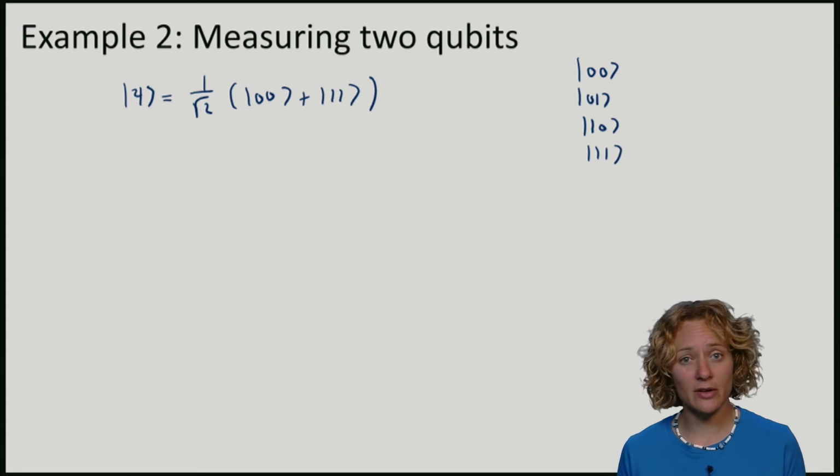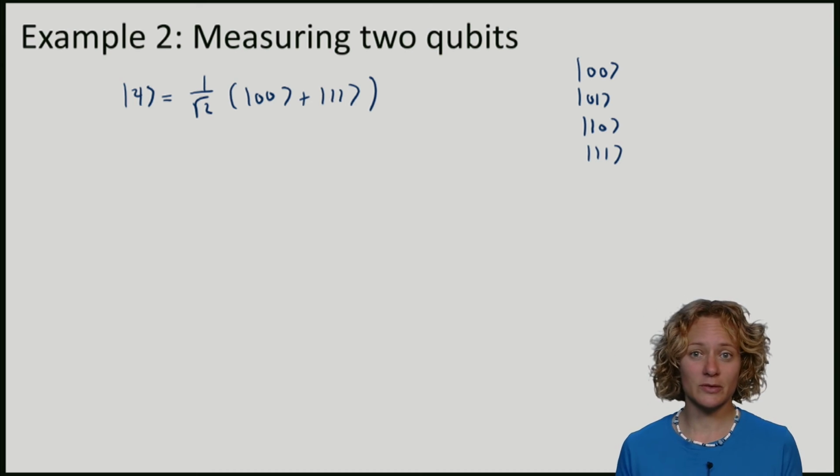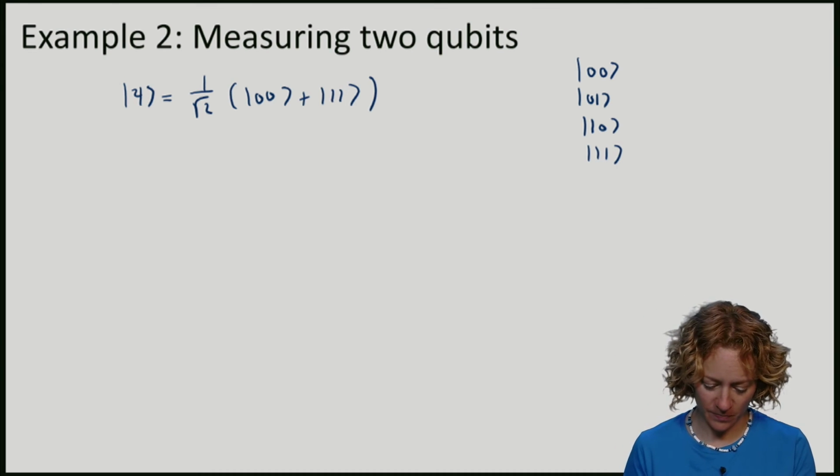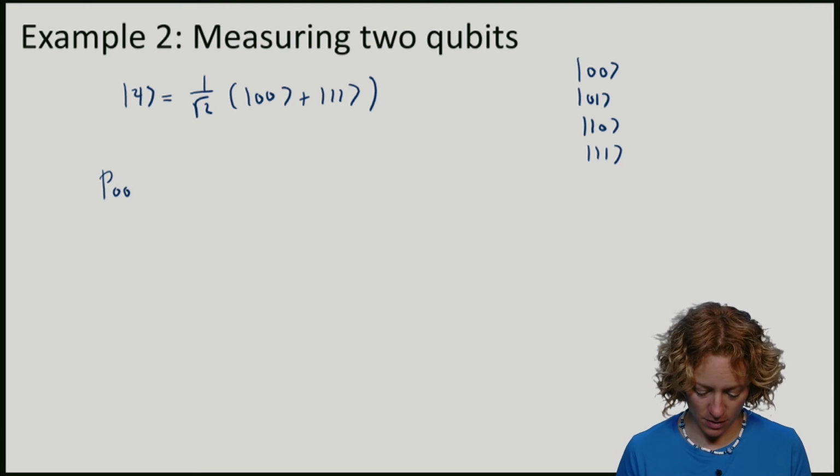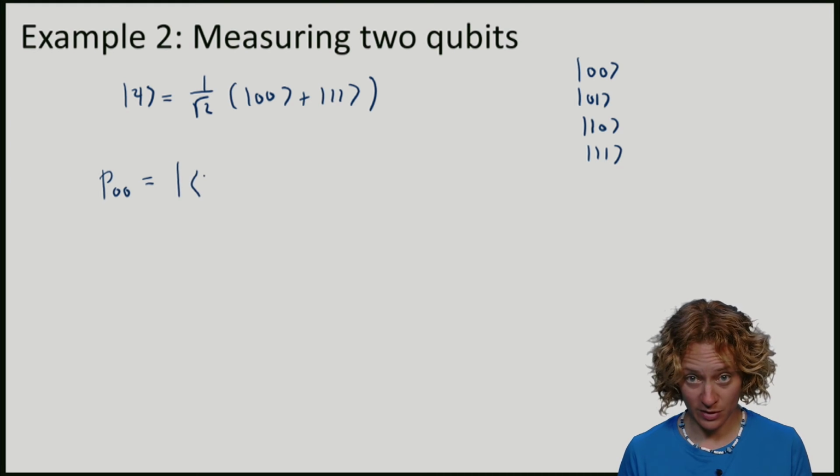And now let's apply our rule to find what is the probability of observing measurement outcome 00. You've probably already become an expert at this calculation.